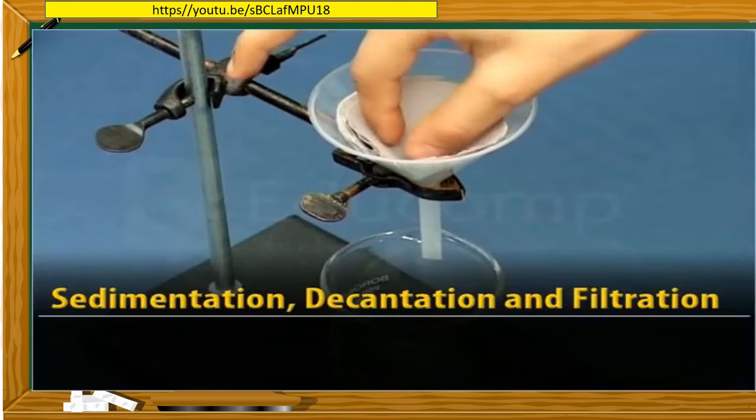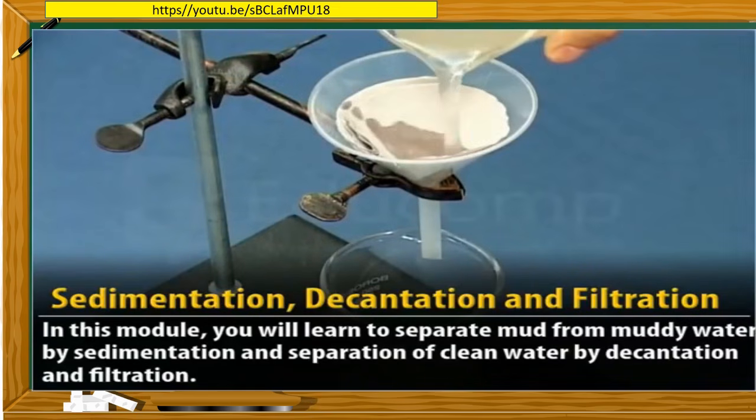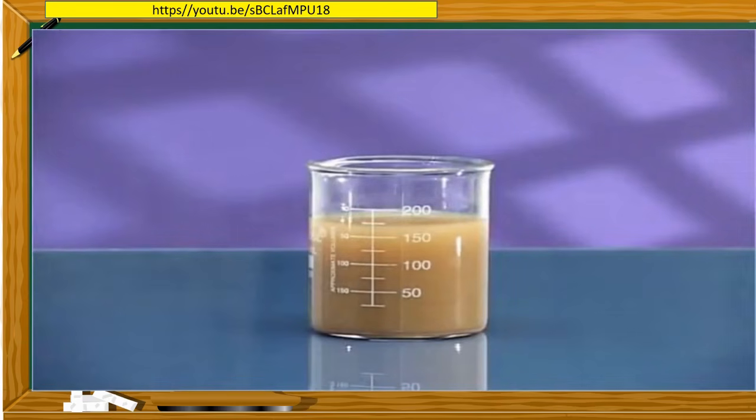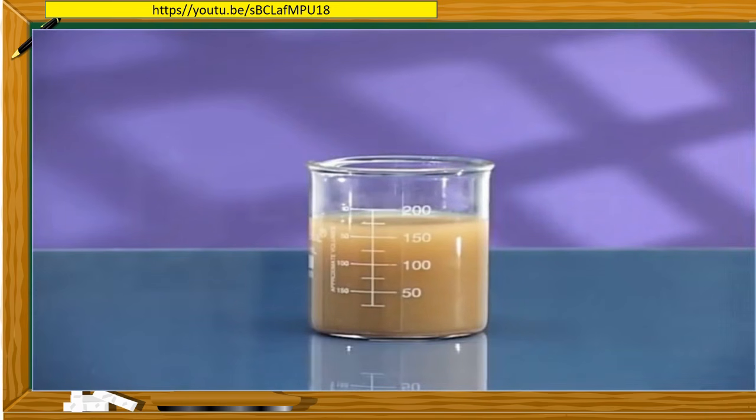Sedimentation, decantation, and filtration. In this module, you will learn to separate mud from muddy water by sedimentation and separation of clean water by decantation and filtration. How to get clean drinking water from this muddy water? Well, we shall use a few methods to separate the mud from this water-mud mixture.